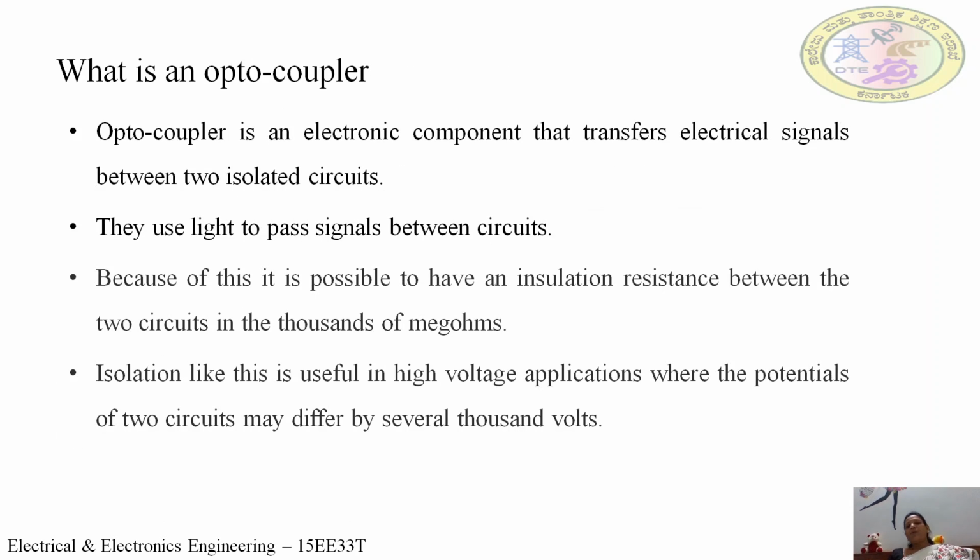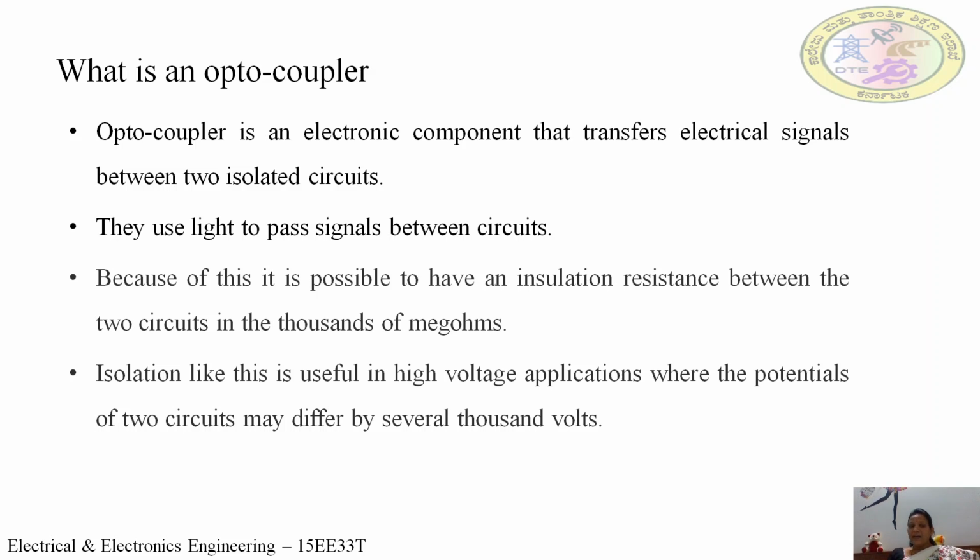So what is an optocoupler? It is an electronic component that transfers electrical signals between two isolated circuits. Then what is it that connects these two electrically isolated circuits? It is the light.